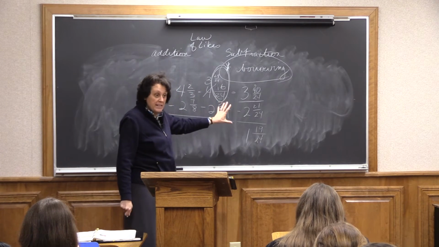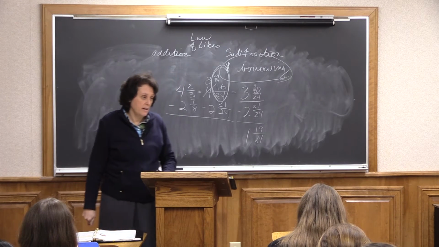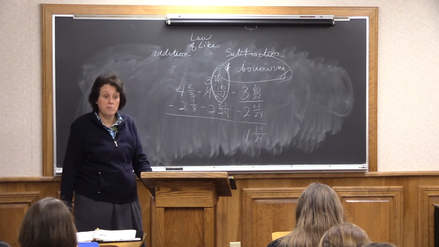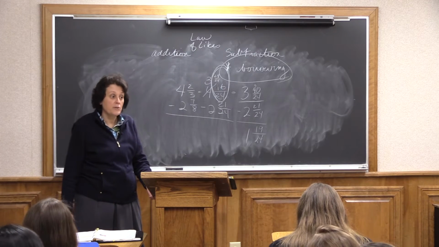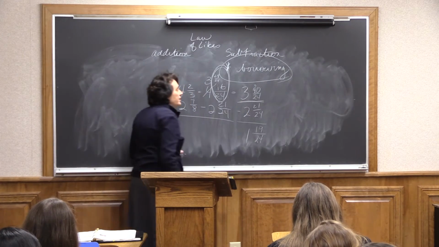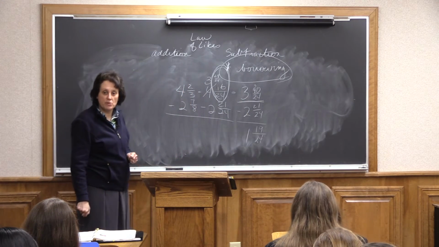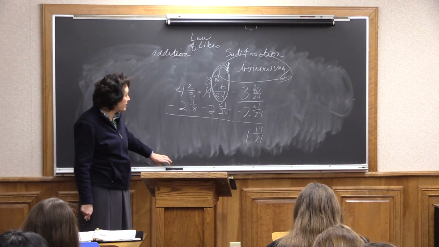I get my common denominator and see what denomination my problem's going to be in and see what I need to borrow. Don't forget to take it from the 3. Don't forget to completely redo your minuend so you can see what's going on with your borrowing, so you can see what's actually going to be subtracted.